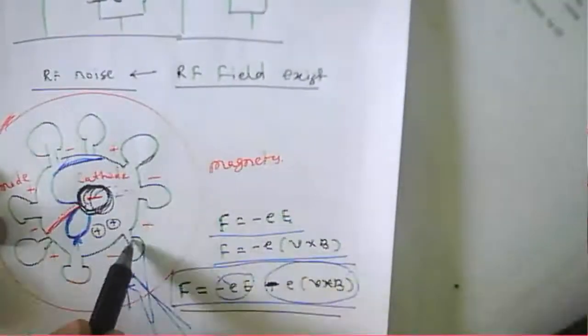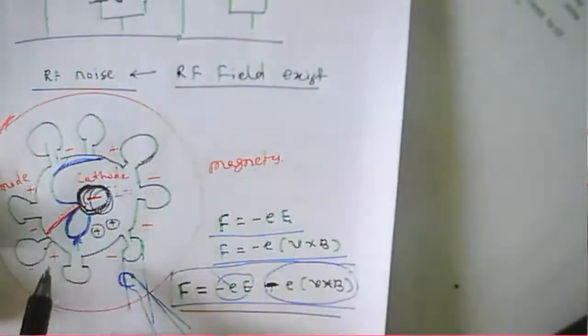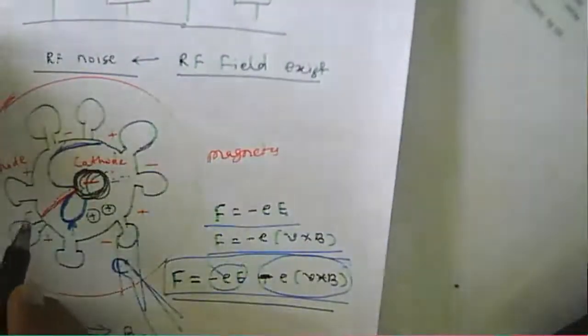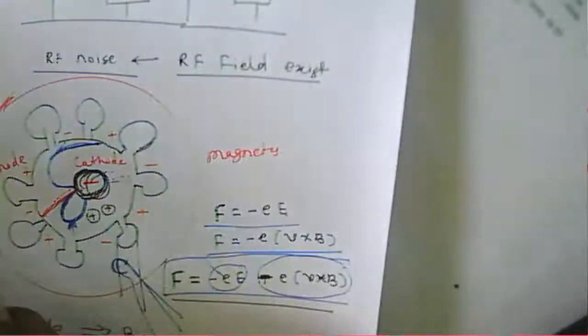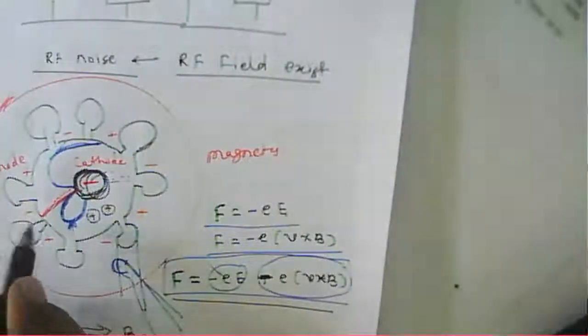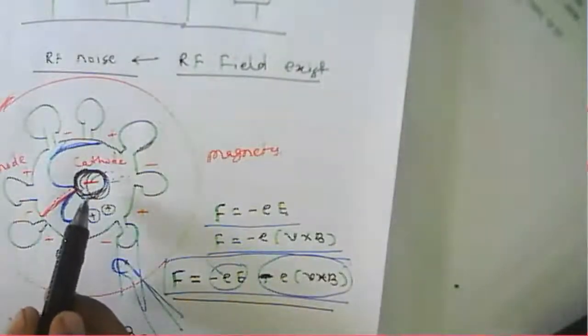So we find out what oscillations occur and what the various resonance modes are. If you see here, these are the alternating cavities. Because of the alternating cavities, the magnetic flux passes through these cavities, and this flux is parallel to the cathode.